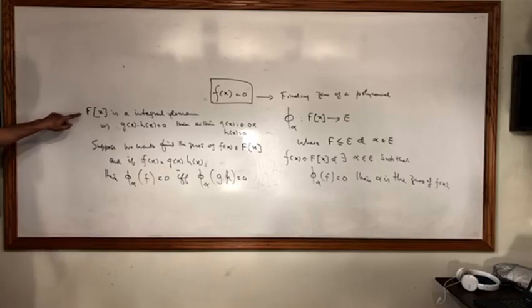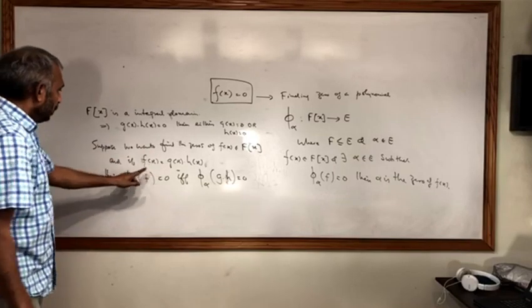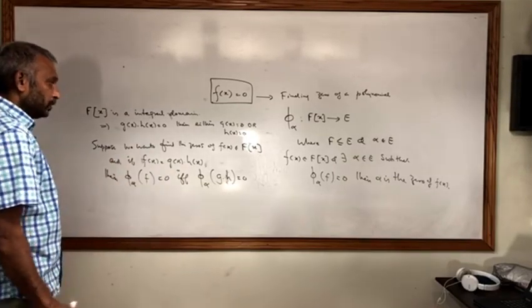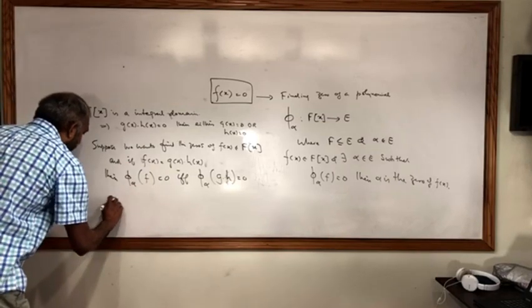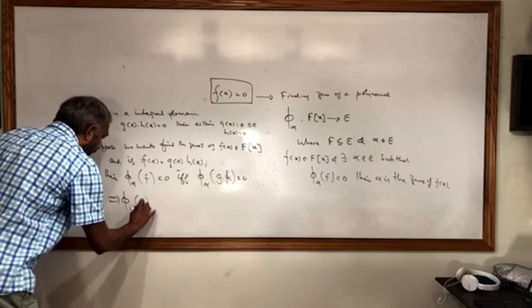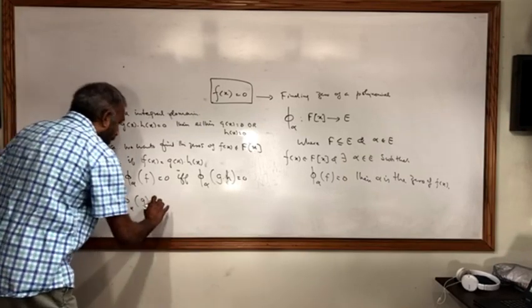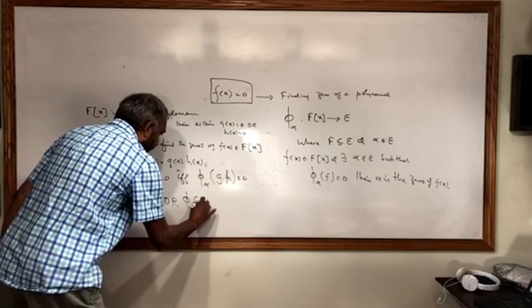Because F of x is an integral domain. Because f of x is equal to g of x times h of x. Right? And that implies phi alpha of g is equal to 0 or phi alpha of h is equal to 0.